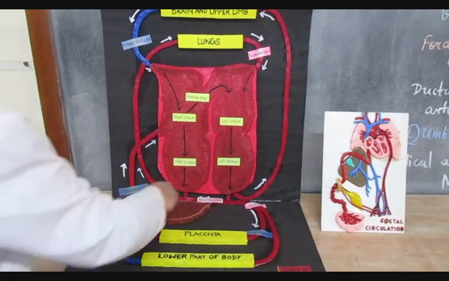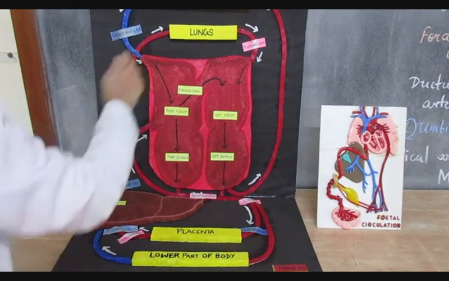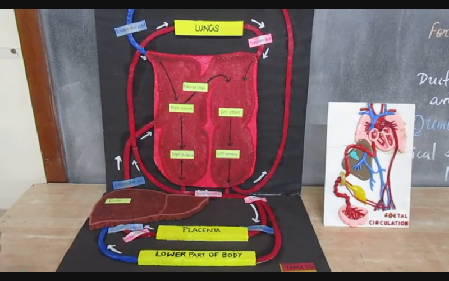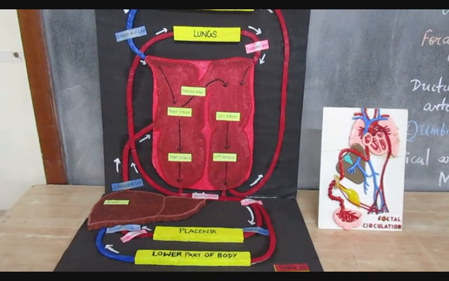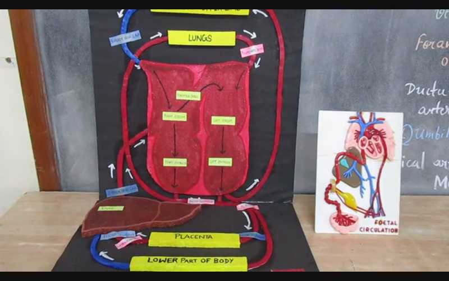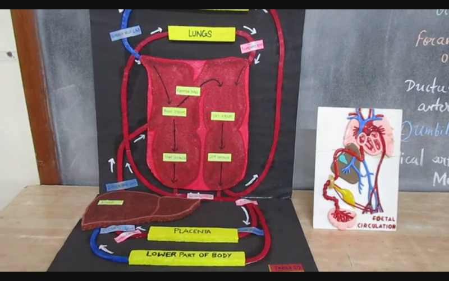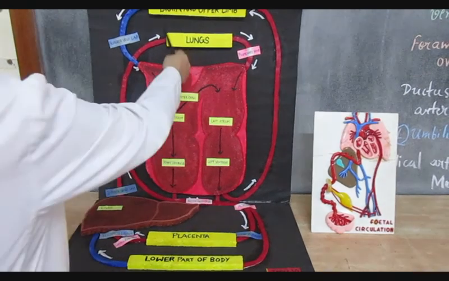Okay, now from the right ventricle, that 20% of the blood is going into the pulmonary circulation, but because the pulmonary arterial pressure is more, because the lungs are in a collapsed condition, they are non-functional, they inflate only after the first cry of the newborn, so the pulmonary pressure is more.